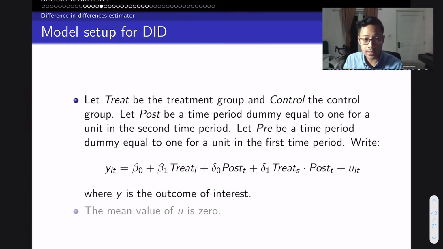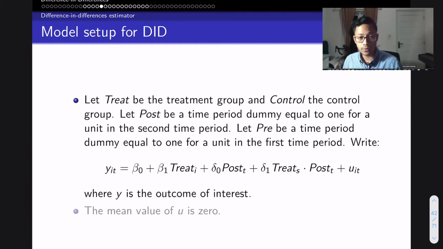Y_it is the outcome of interest, and then beta 0 plus beta 1 times the indicator variable of whether or not a unit receives the treatment, treat, and then the post binary variable, and then an interaction between treat and the post time indicator. So this is going to be the basic model setup for our DID.